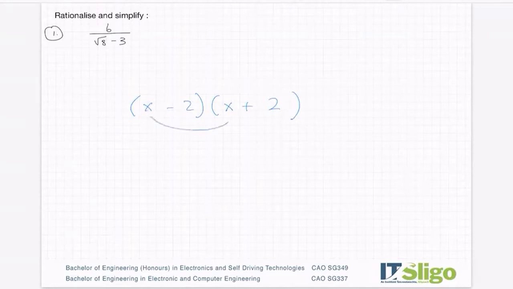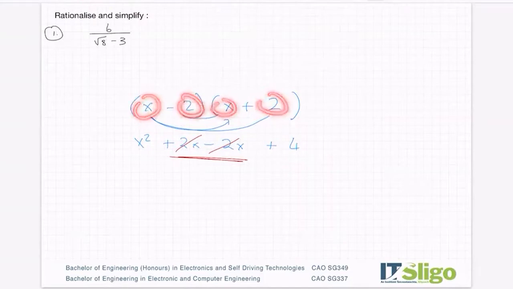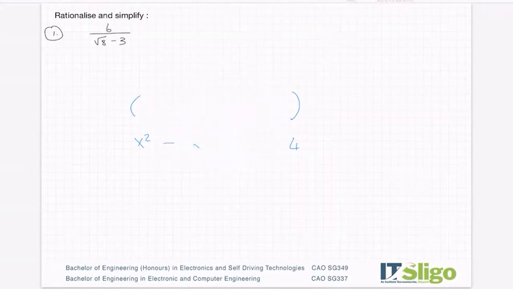Okay, if we multiply these out, we get x squared, we get plus 2x, we get minus 2x, and we get plus 4. Okay, so what you can see is the two middle terms cancel. Okay, so for as long as the brackets are the same, but the sign in the middle is different, you will force two middle terms to cancel. Okay, so that's kind of the theory we play with when we are looking at this particular one.